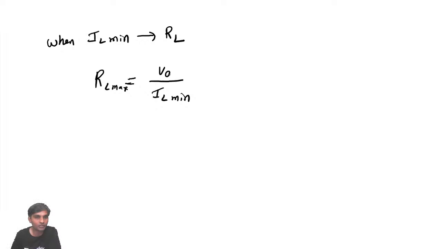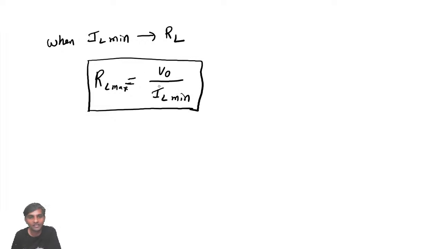So RL maximum is going to be V naught by IL minimum. Similarly, you will get RL minimum. You can easily say RL minimum is going to be V naught by IL maximum. For this, do you need explanation? No.